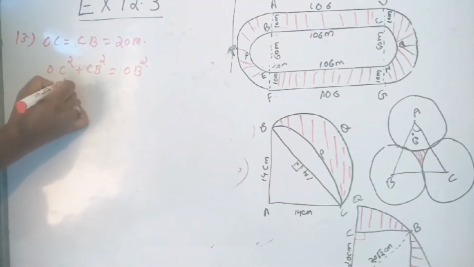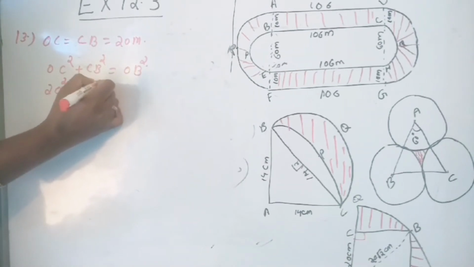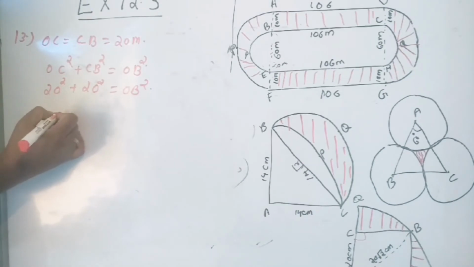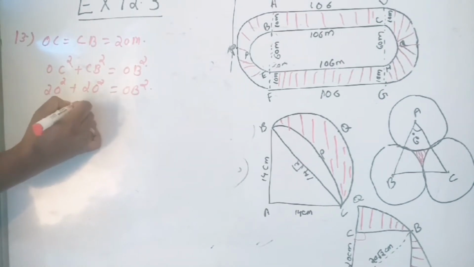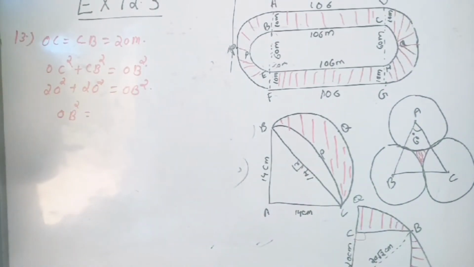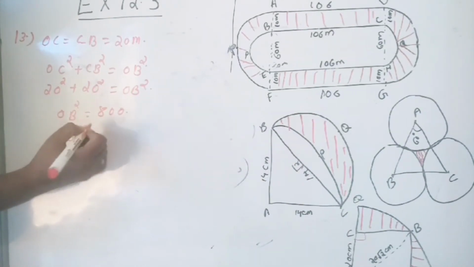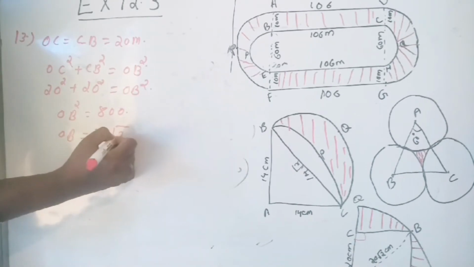20 square plus 20 square is equal to OB square. OB square is equal to, what will you get? 800 you will get. Then OB is equal to 20 root 2.